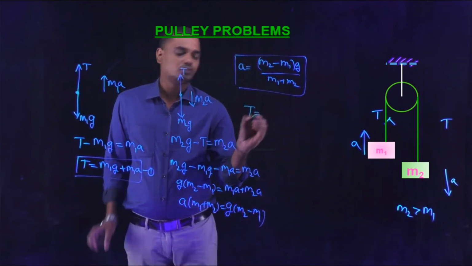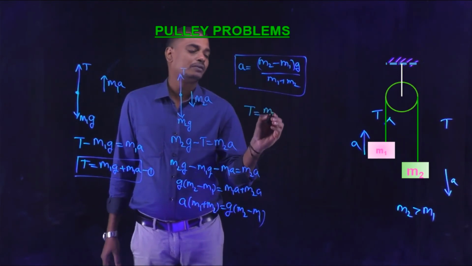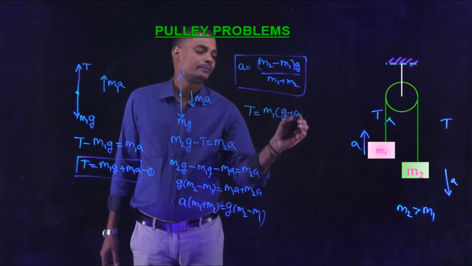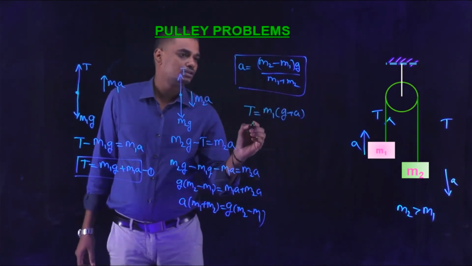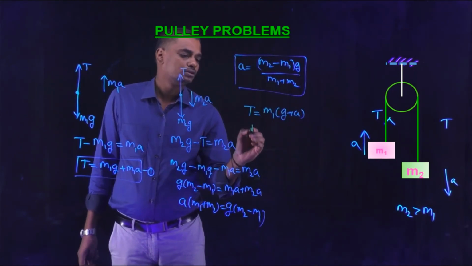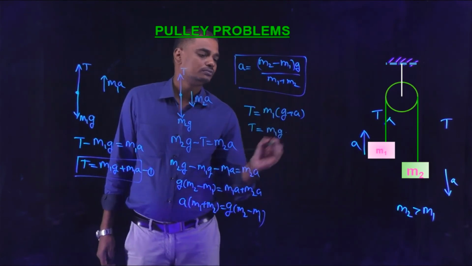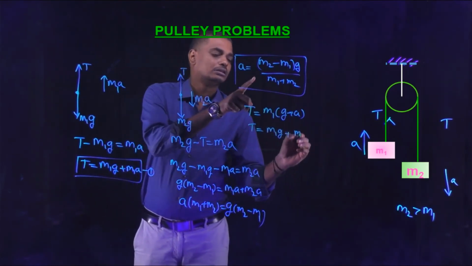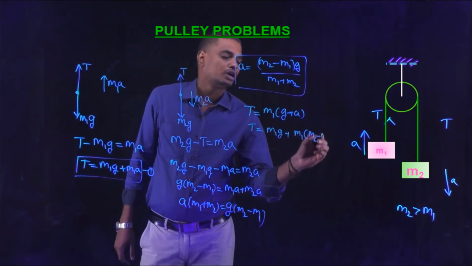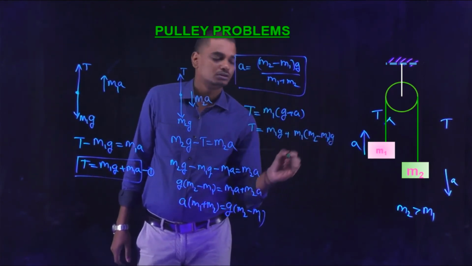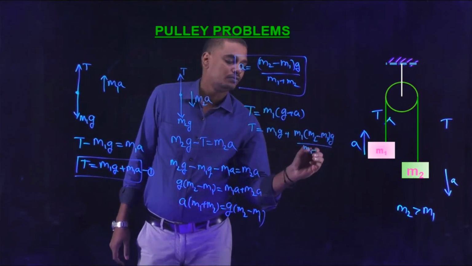So T is equal to, by taking M1 common, M1 into (G plus A), where by substituting the value of A, T is equal to M1 into G plus M1 into (M2 minus M1) into G divided by (M1 plus M2).